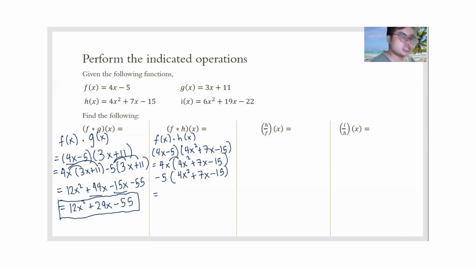So 4x times 4x squared will be 16x cubed, while 4x times 7x will be 28x squared, while 4x times negative 15 will be negative 60x, while negative 5 times 4x squared will be negative 20x squared, while negative 5 times positive 7x will be negative 35x, while negative 5 times negative 15 will be plus 75.